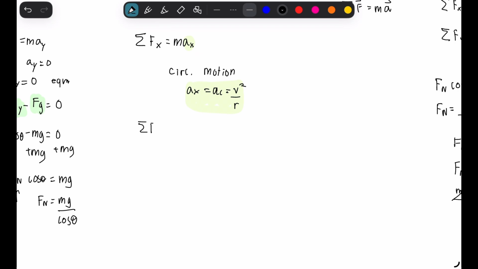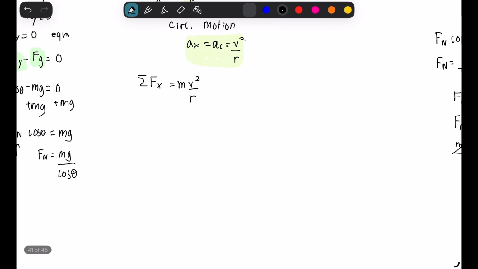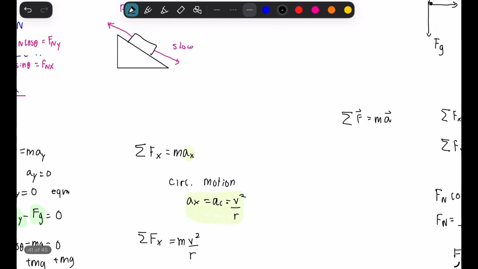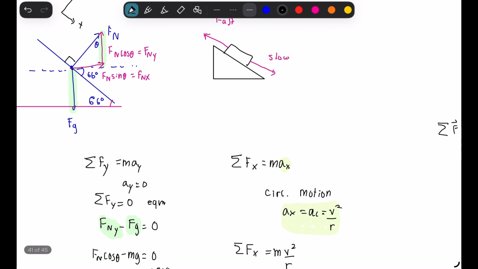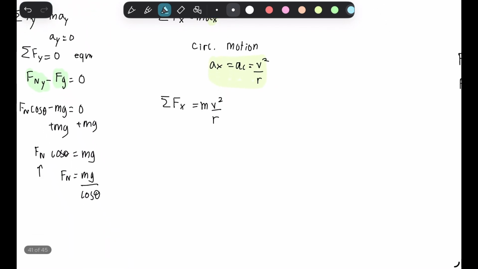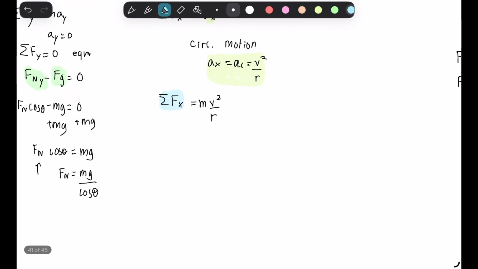The summation of forces in the horizontal direction is equal to the mass times velocity squared divided by r. The only horizontal force in our diagram is the horizontal component of the normal force. So we can set that equal to this side: Fn sine of theta is equal to mv squared over r.